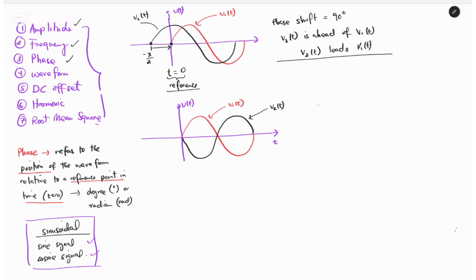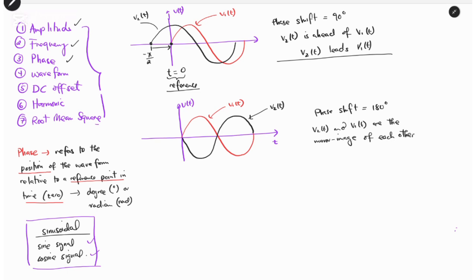Now we can say the phase shift is equivalent to 180 degrees, and V2t and V1t are mirror images of each other.